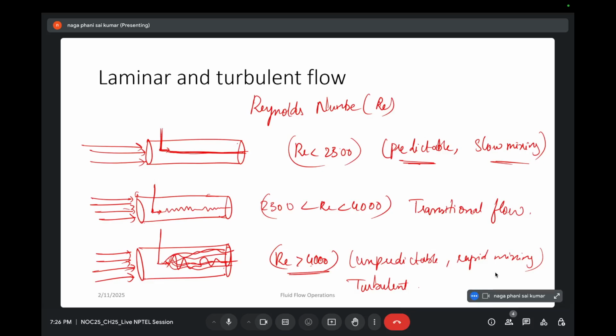Now coming back to Reynolds number. It is a non-dimensional or dimensionless number. It is given by diameter of the pipe times velocity of the fluid times density of the fluid divided by viscosity of the fluid. This is also written as inertial forces by viscous forces.